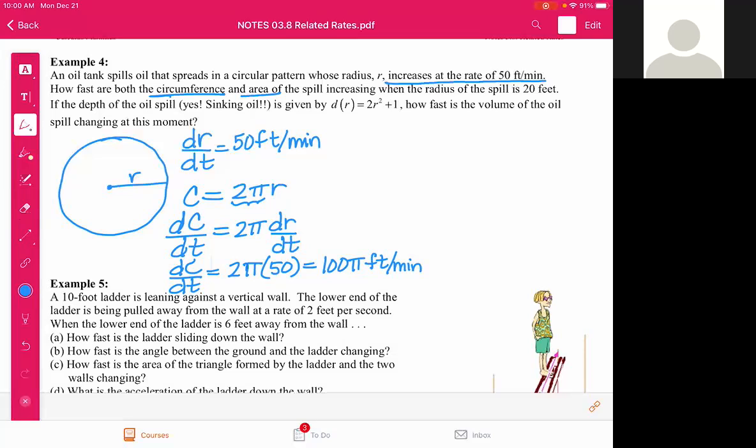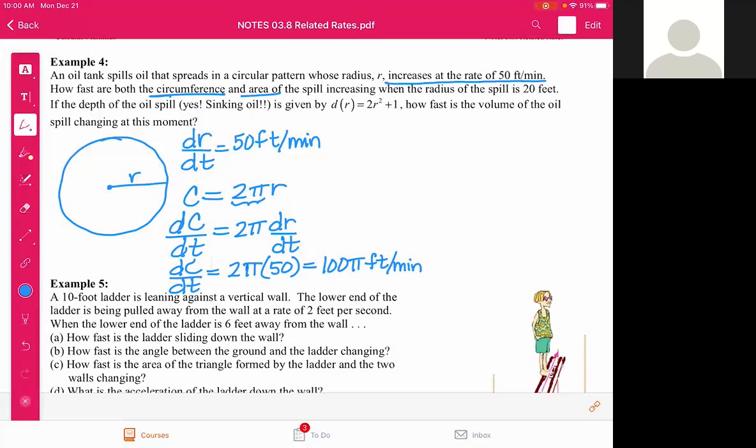Okay, so the radius is changing at 50 feet per minute. The circumference is changing at 100 pi feet per minute. So 100 pi is like 314 feet per minute, you guys, if you want to think about that. 3 feet in a yard, right?